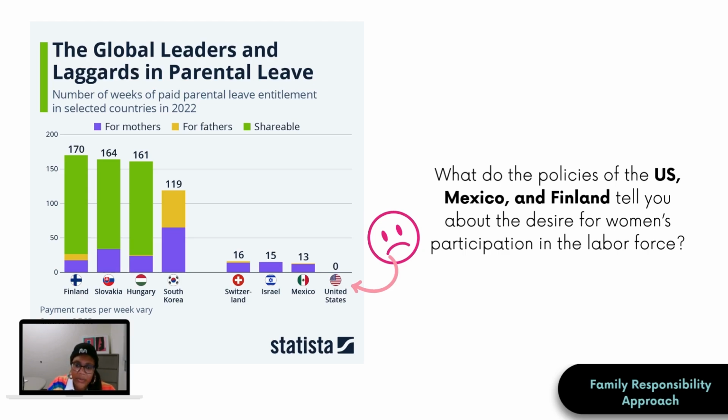Overall, the highest number of weeks are in these amazing nations for egalitarianism, right? And the lowest are a bit surprising, especially one, the United States.